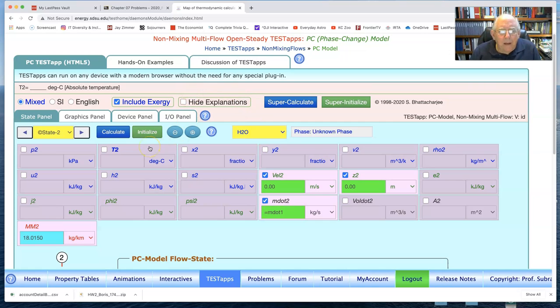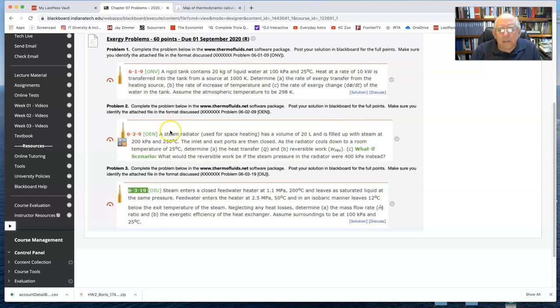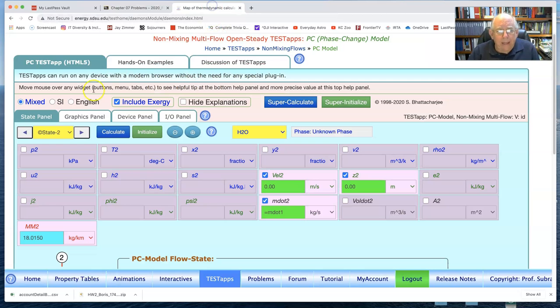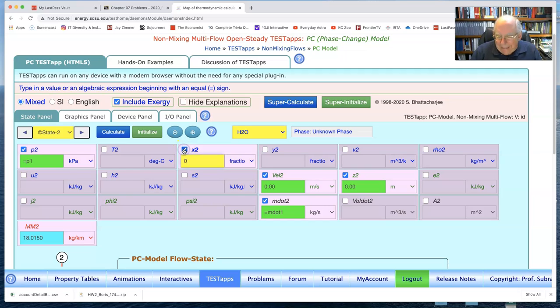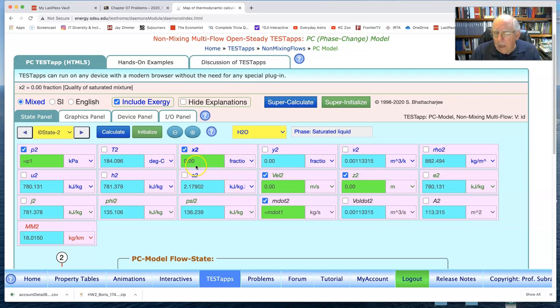And what we know about stream 2 is that it was at the same pressure. So we know that it's a saturated liquid at the same pressure. So the same pressure would imply that pressure 2 is equal to P1, and we know that it's saturated liquid, so it has a quality equal to 0.